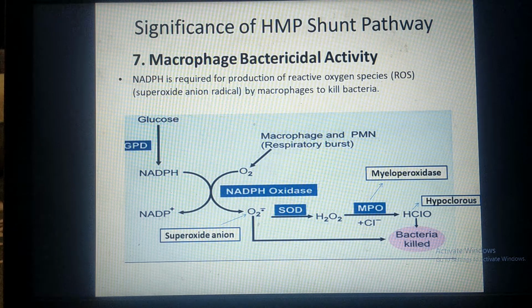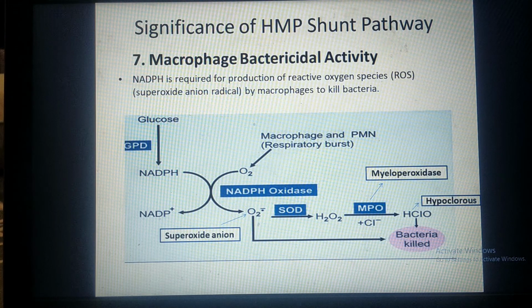Now this superoxide anion is acted upon by the enzyme superoxide dismutase, and it is converted into H2O2, that we have seen in the previous slide. Now this hydrogen peroxide combines with chlorine with the help of the enzyme myeloperoxidase and forms a compound HClO, called hypochlorous acid, and this HClO then kills the bacteria.